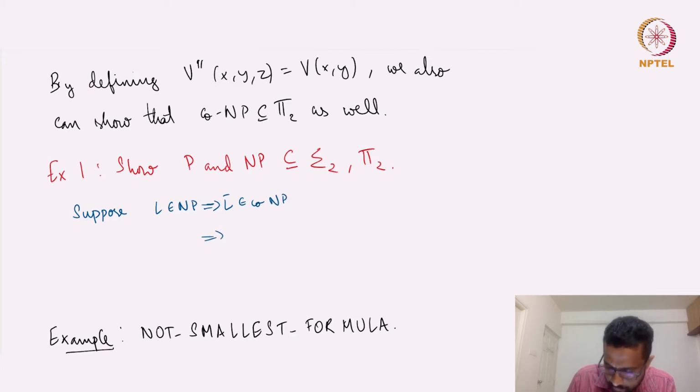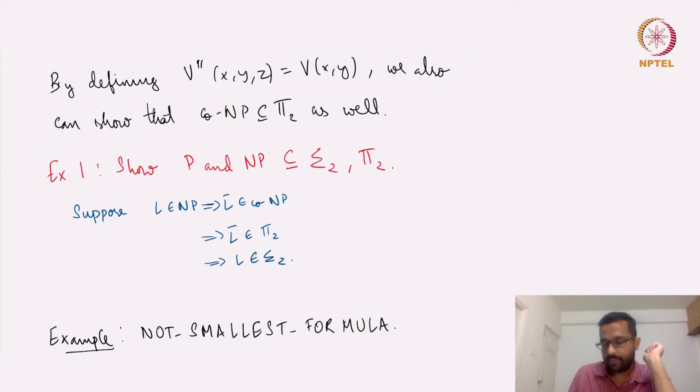So we want to show L is in sigma2, but we've already seen that L complement is in co-NP, which is in pi2, right? And so this implies that L is in sigma2.